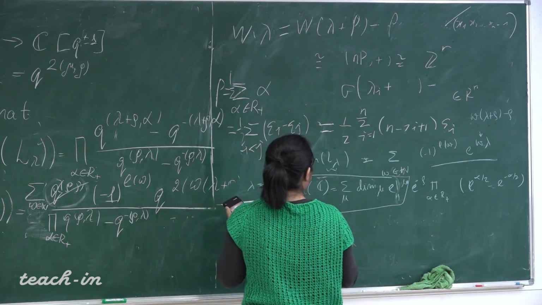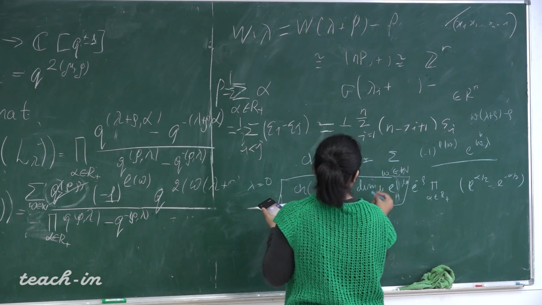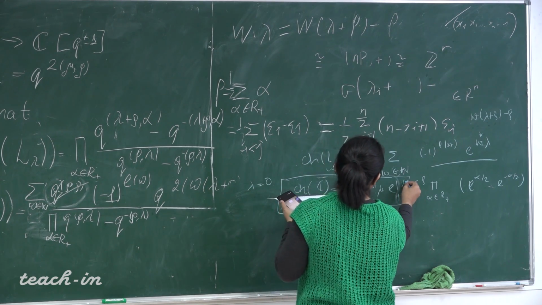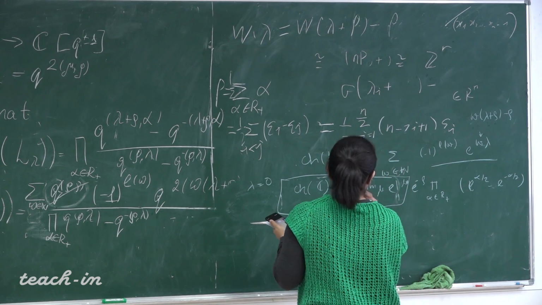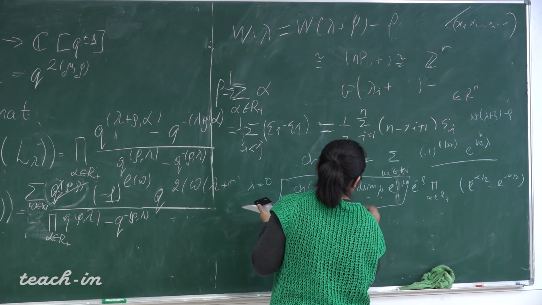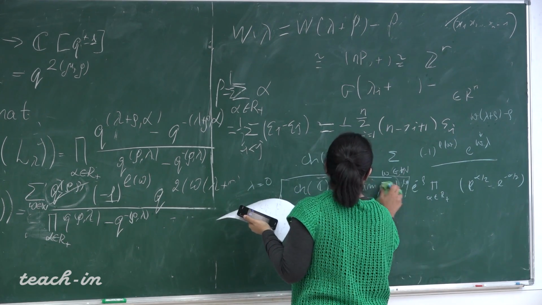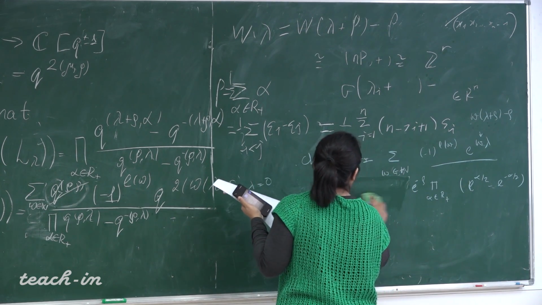Now we are only considering this case, so mu is just 0. The dimension is 1, and e to the power 0 is 1. So you just get 1. Yes, on the left hand side, just from representation theory, we get 1, right?